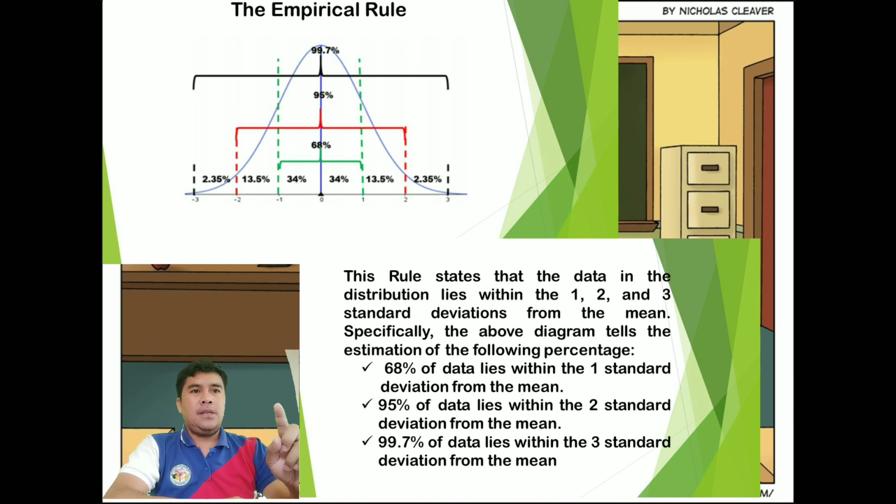So, specifically, observe the diagram above, it tells the estimation of the following percentages. Number 1, 68% of data lies within 1 standard deviation from the mean. And 95% of data lies within 2 standard deviations from the mean. And 99.7% of data lies within 3 standard deviations from the mean.